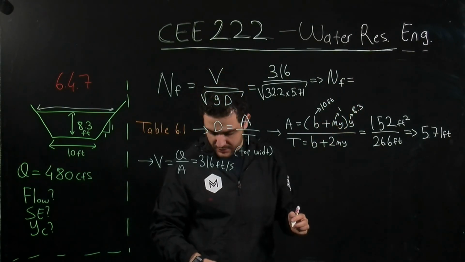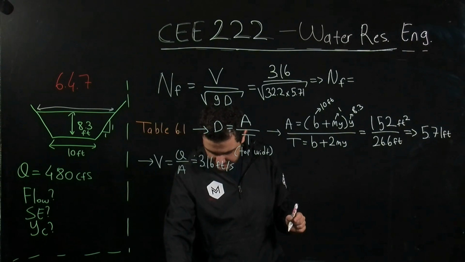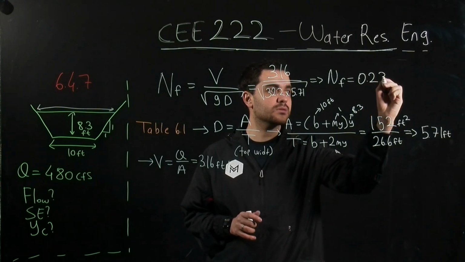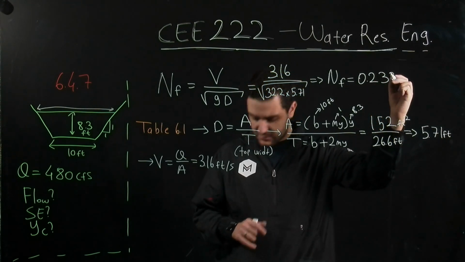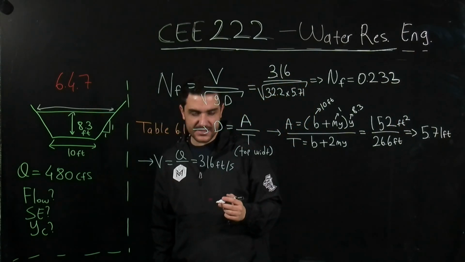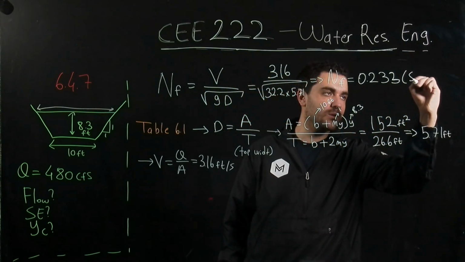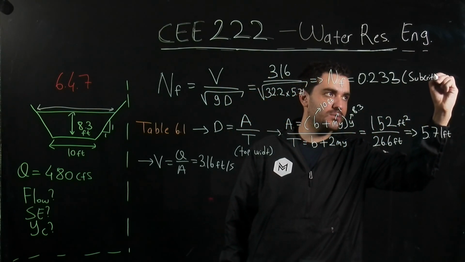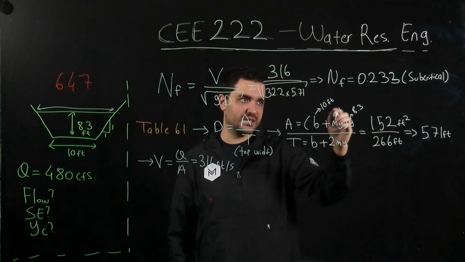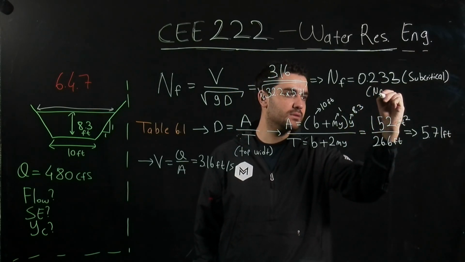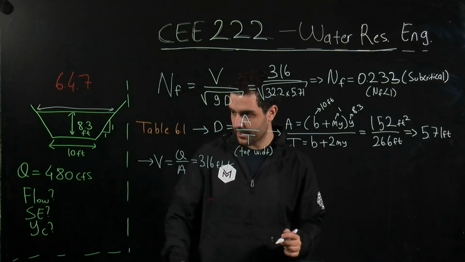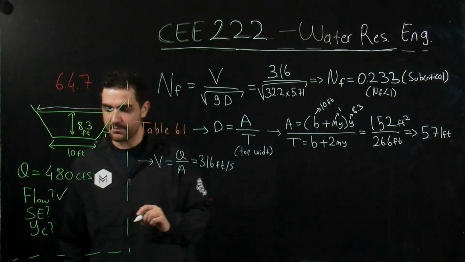From this calculation, we get the Froude number as 0.233. So this means that we have a subcritical flow. Because if you remember from the second question, if the Froude number is lower than 1, we will have subcritical flow. Otherwise, it will be supercritical. And we calculated the flow type.